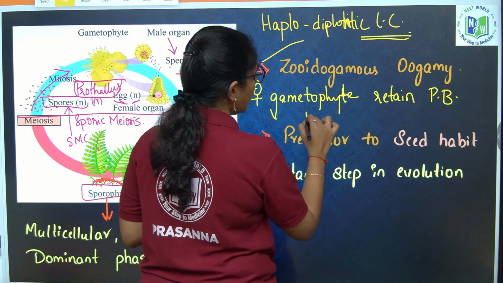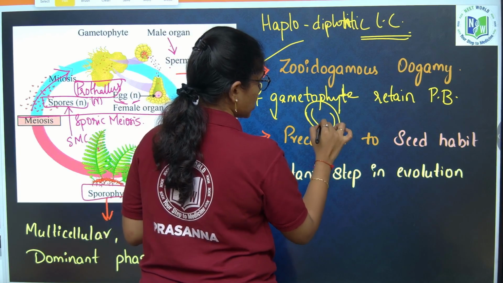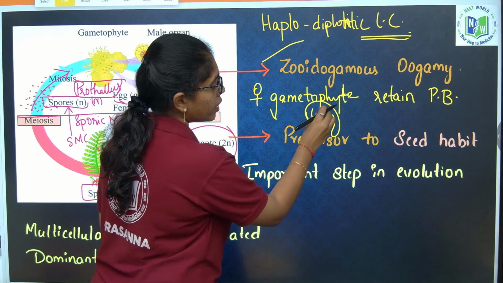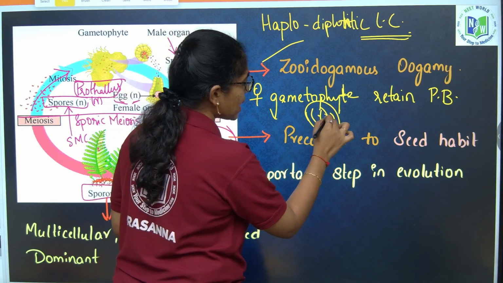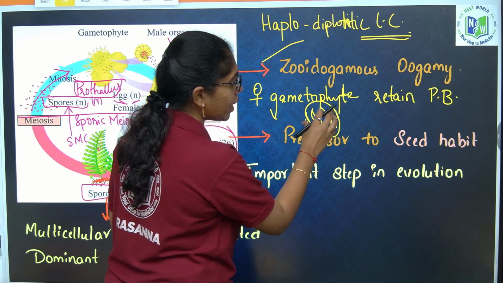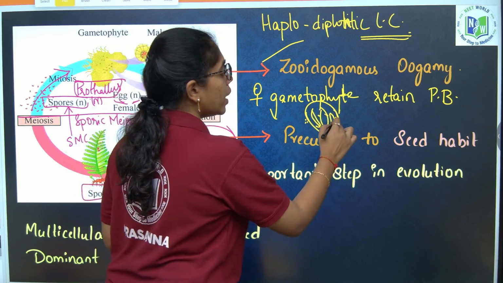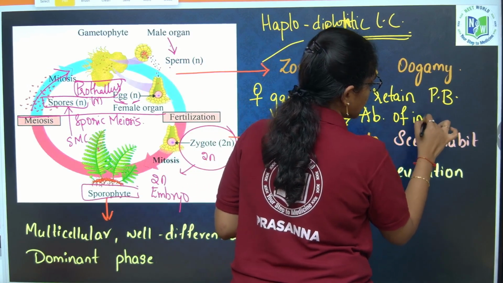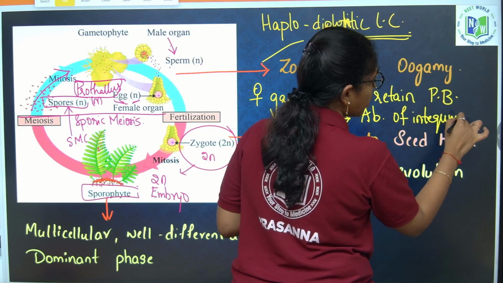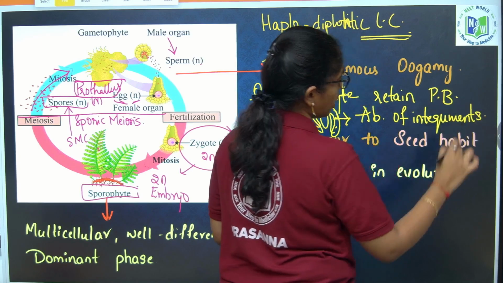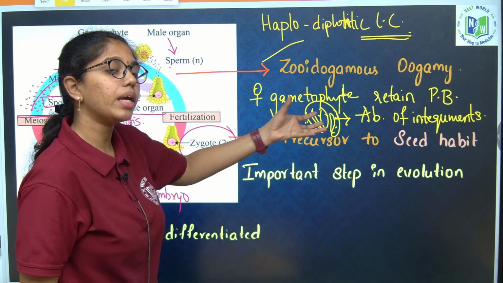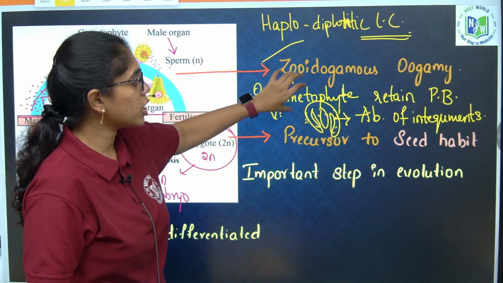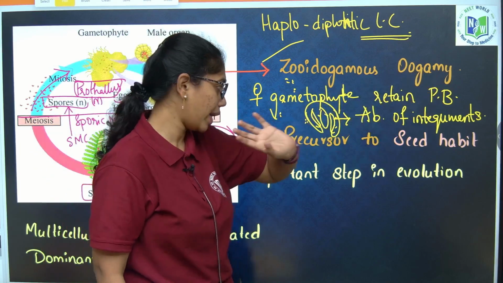In angiosperms, if you take the female gametophyte, the embryo sac has integuments, that is why it can be retained for a long period of time. Here, due to absence of integuments, they cannot stay for longer periods of time, but for variable periods of time the female gametophyte is present or retained on the plant body.